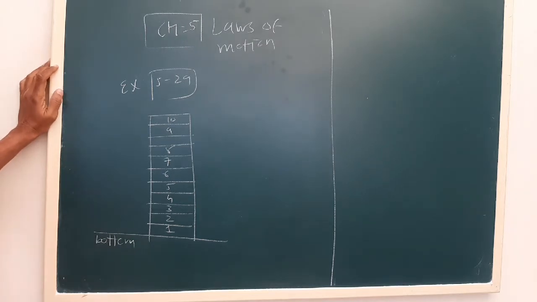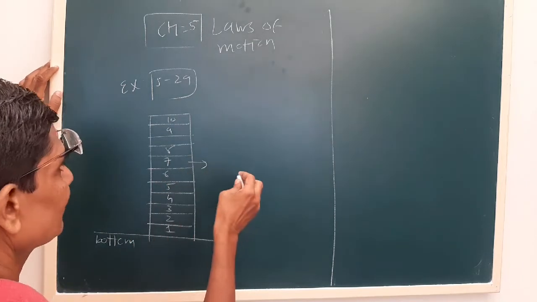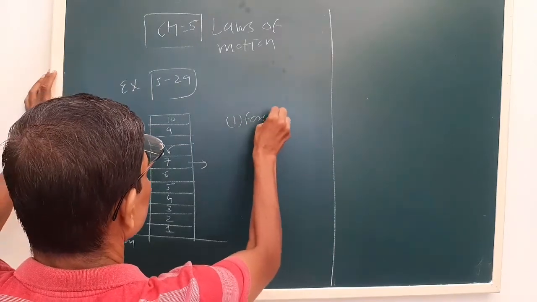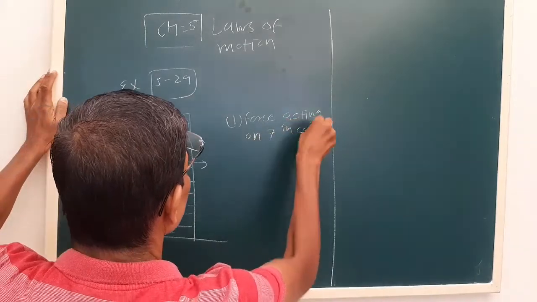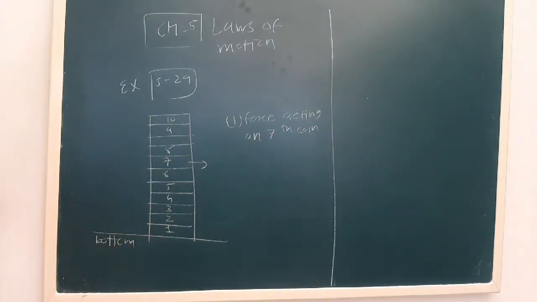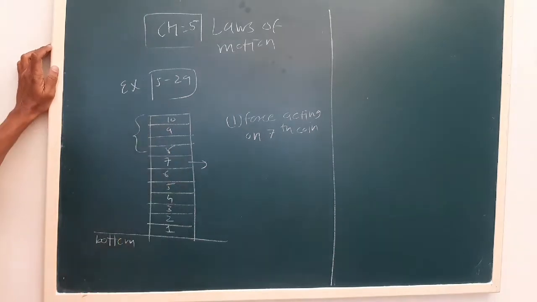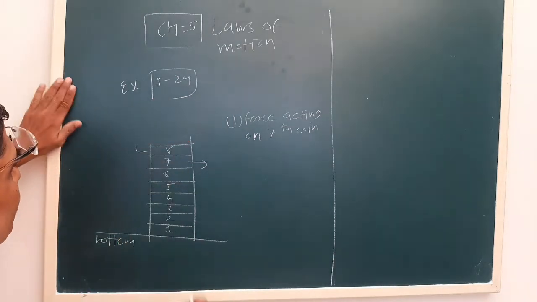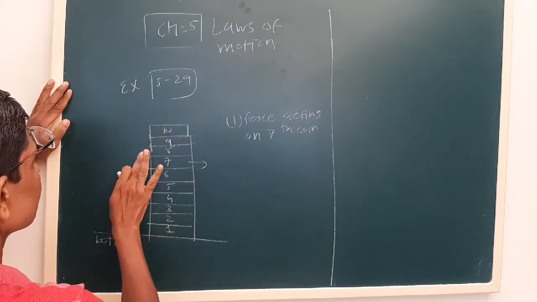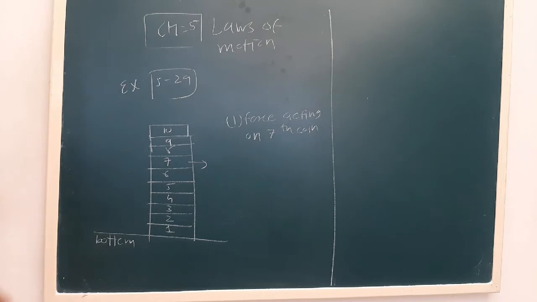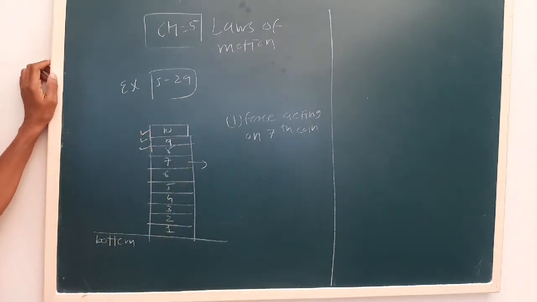First, the force acting on the 7th coin by the coins above it. How many coins are there? Above the 7th coin there are 3 coins, so the weight of coins number 8, 9, 10 will act on it.